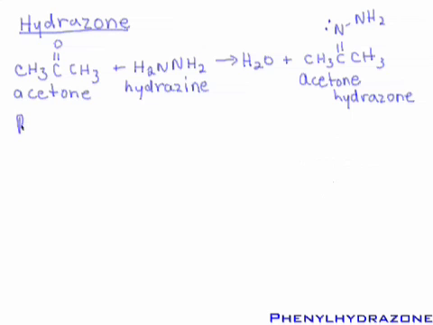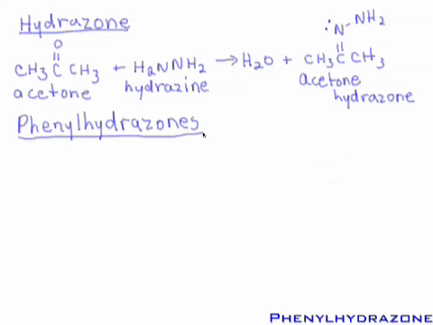Phenylhydrazones are formed by reaction with phenylhydrazine. So phenylhydrazones are prepared by reaction with phenylhydrazine. Now, we can take a molecule like diphenylketone.